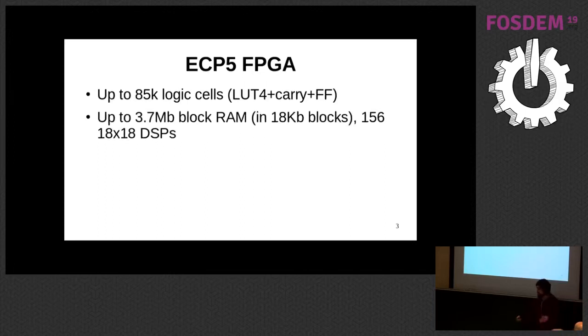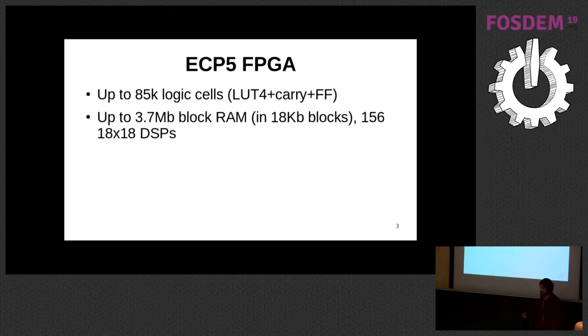As well as those basic elements, it has 3.7 megabits of block RAM. That's bigger 18 kilobit blocks of RAM that you can use for larger memory, for processors, for cache, all that kind of stuff. And it also has 156 18 by 18 multipliers, which are really useful for things like signal processing and video effects.